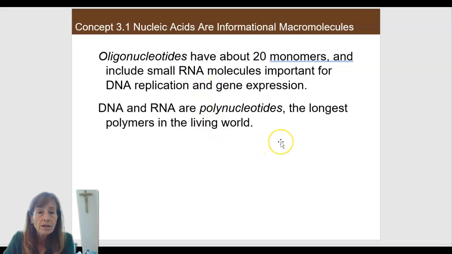We'll see though that RNA and DNA in most cases are pretty big, and so we'll call them polynucleotides. Oligo meaning few, poly meaning many. And as you can see on there, they're the largest natural polymers in the world.